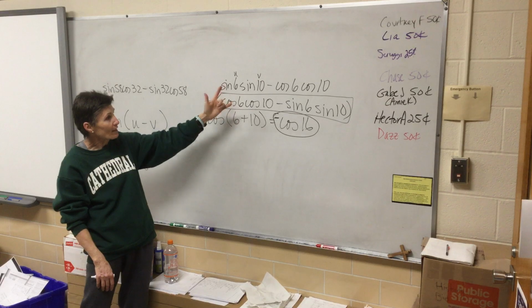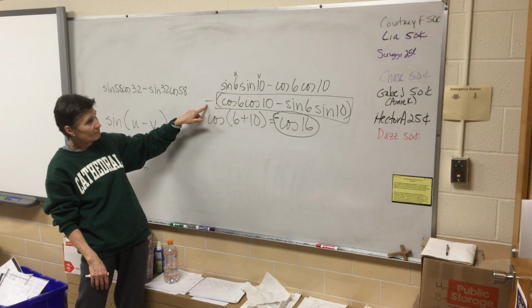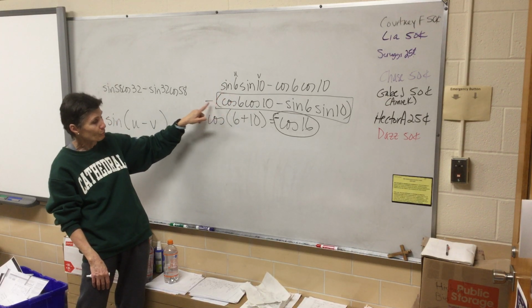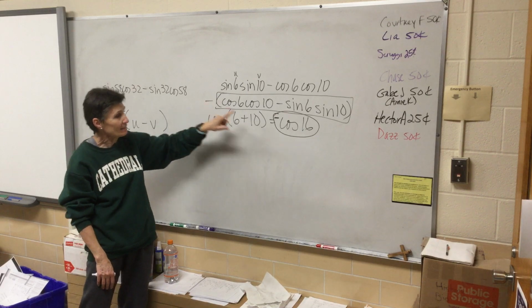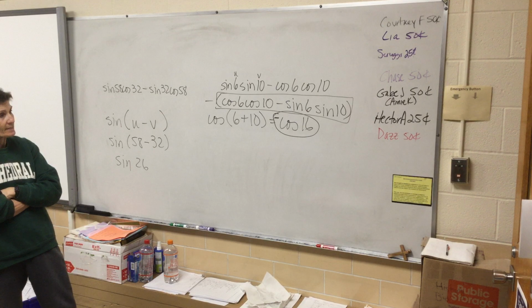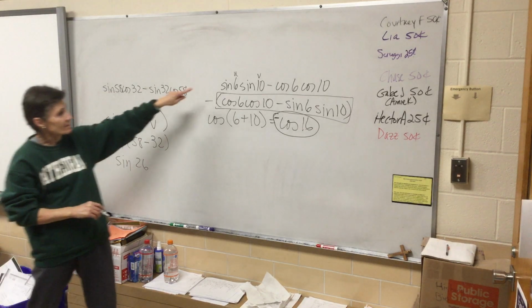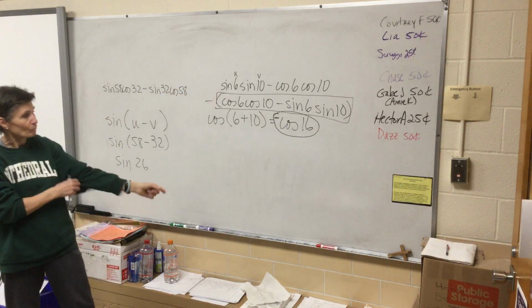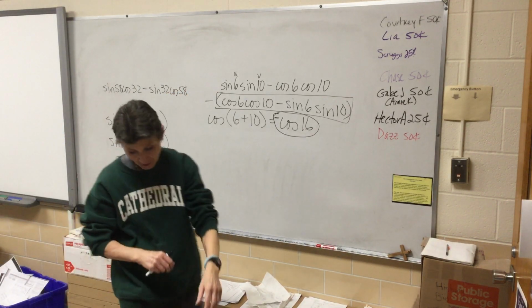So we have to turn that around first by factoring out a negative. That'll turn it around. But that negative then has to show up in the answer. It's still the cosine of 16, but it's negative the cosine of 16, because this is backwards. That was a little bit tricky.